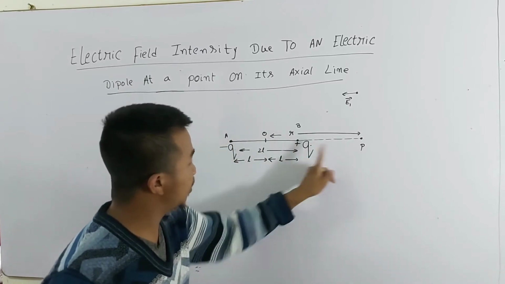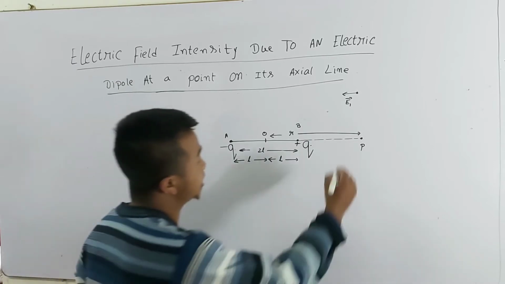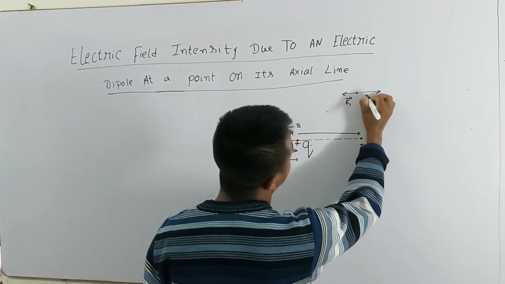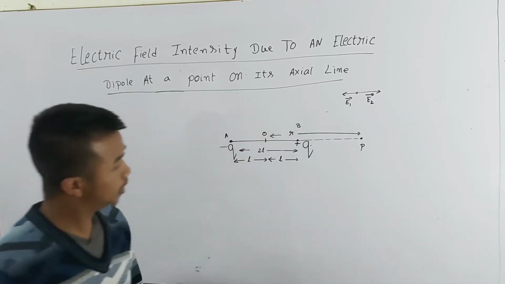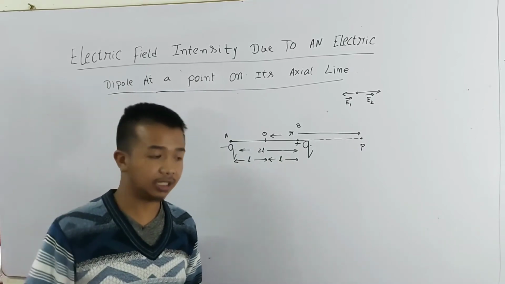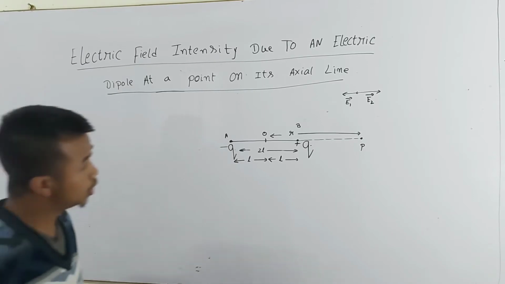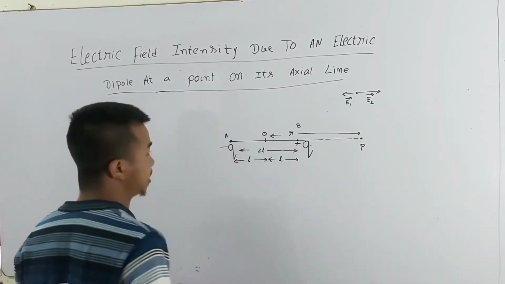And the electric field at the point P due to plus Q at B is E2. It is in this direction. Why? Because due to plus Q, the electric field intensity is radially outward. So, what is the distance of point P from minus Q?